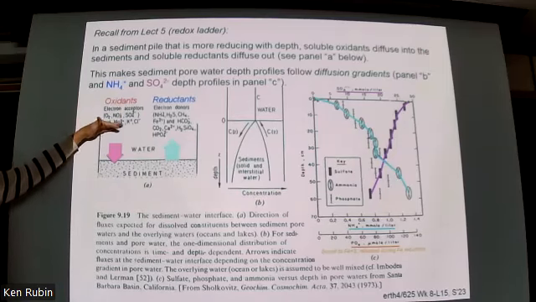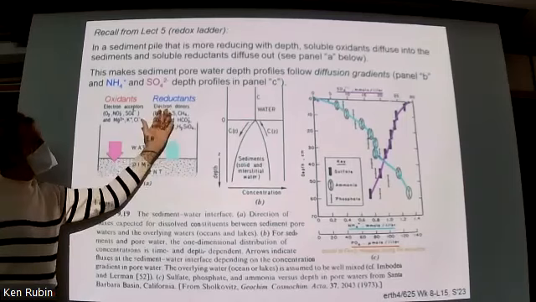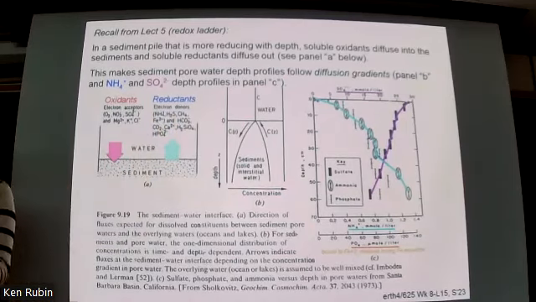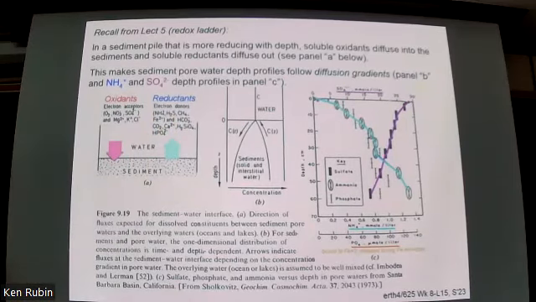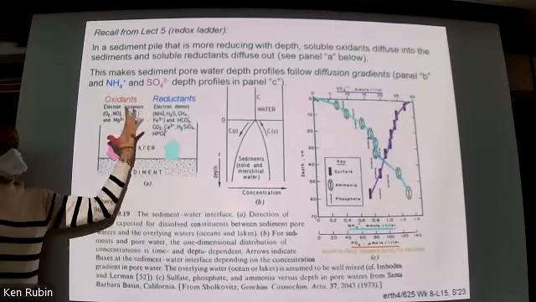So we tend to see those things fluxing out of the water into the sediments, whereas things that come out of the sediments are the products, for instance, of the redox ladder, as we talked about over there. So they're always kind of percolating back out.